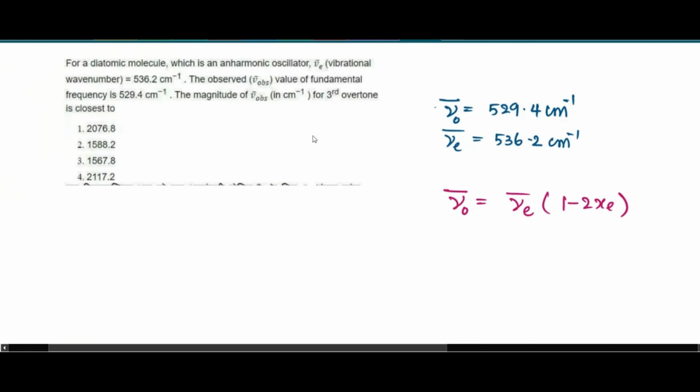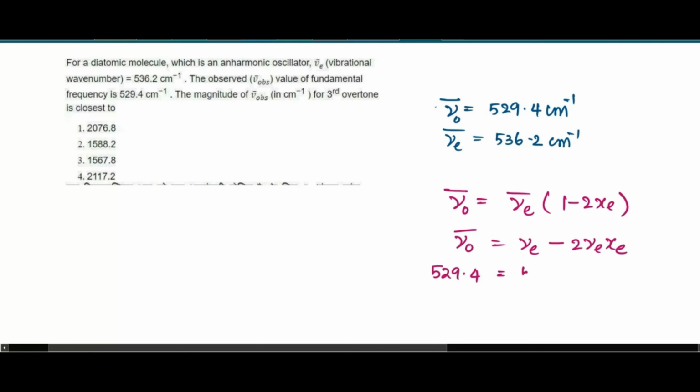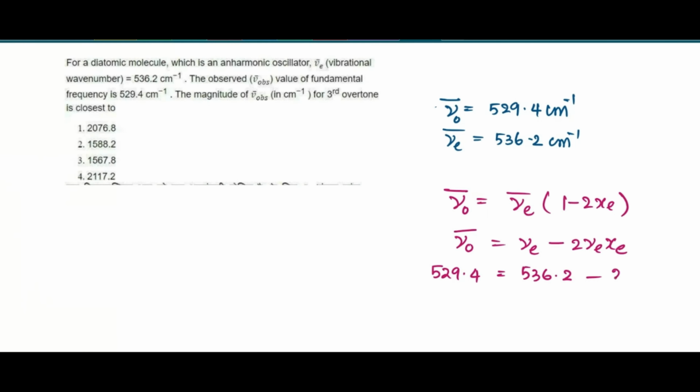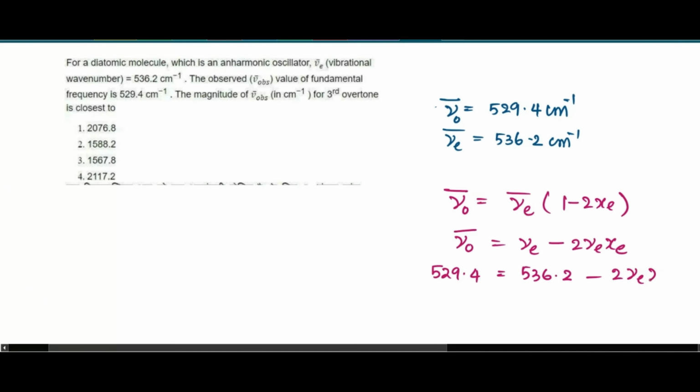Okay, so let's solve for this first. Nu 0 is equal to nu e minus 2 nu e xe. Isn't this given? What is it? 529.4 is equal to 536.2 minus 2 times nu e xe.